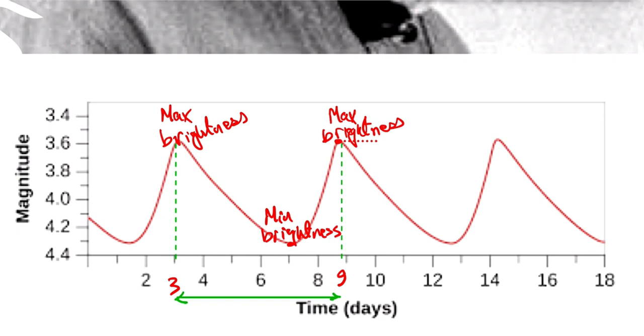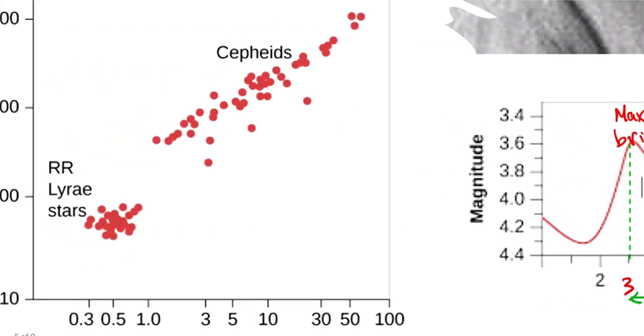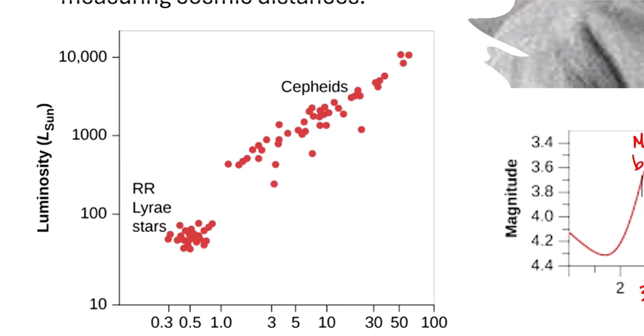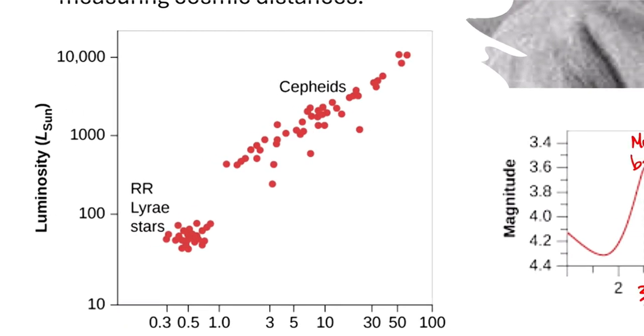Henrietta Leavitt relates the length of the period to the luminosity of stars. In this graph, it is shown that the longer the period, the more the luminosity of a star.